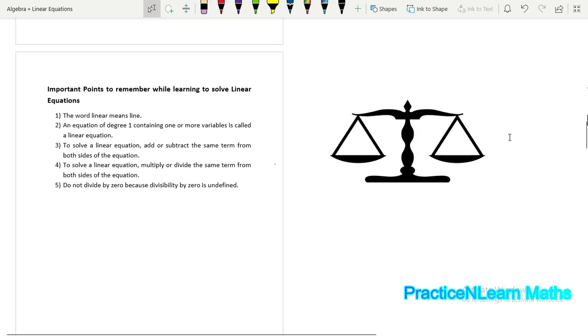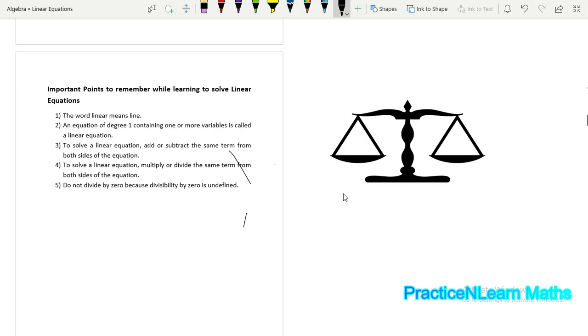Now, certain important points to remember while learning to solve linear equations. The word linear means line. An equation of degree 1 containing one or more variables is called a linear equation. To solve a linear equation, add or subtract the same term from both sides of the equation.